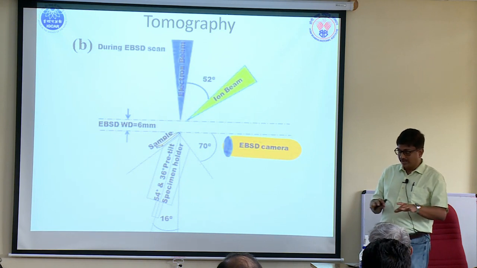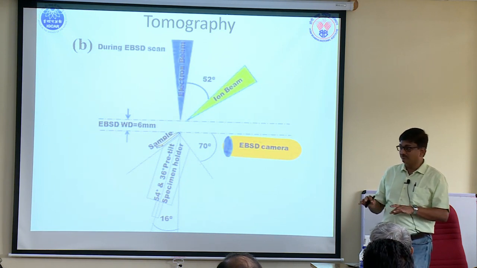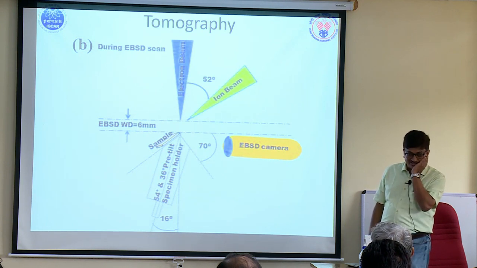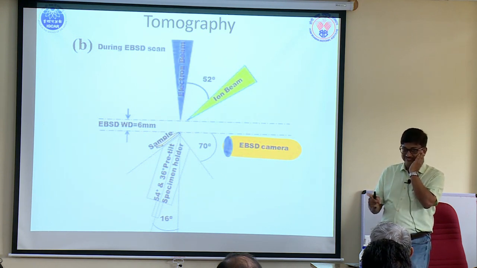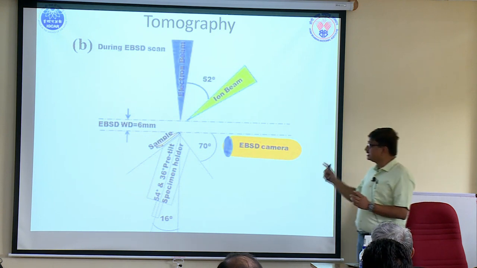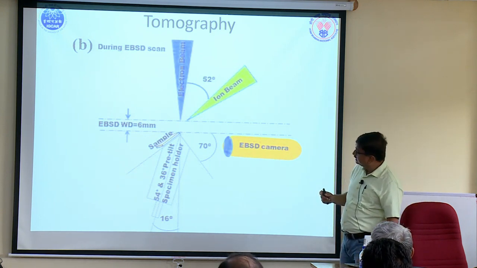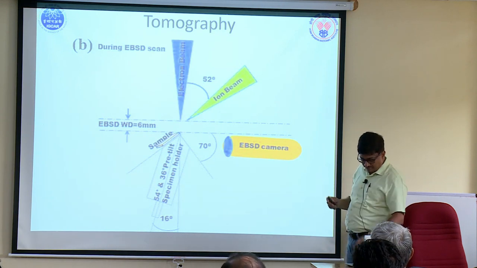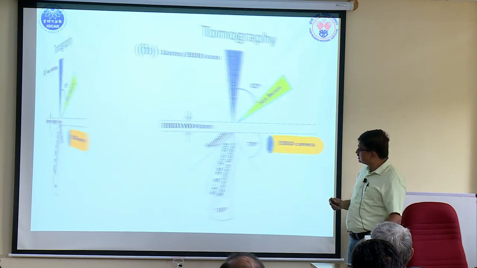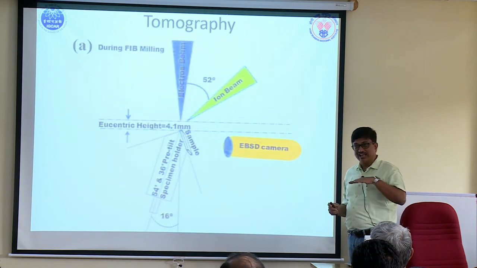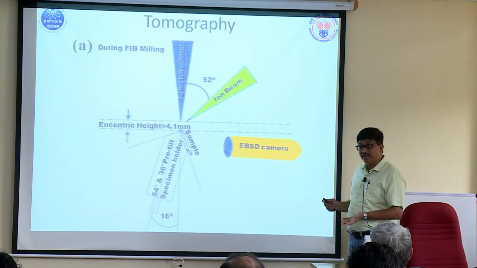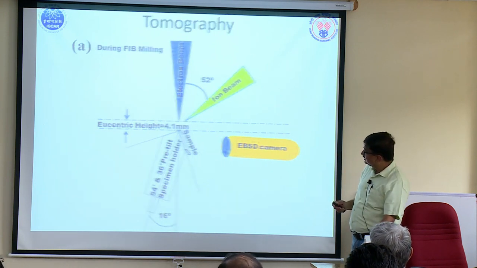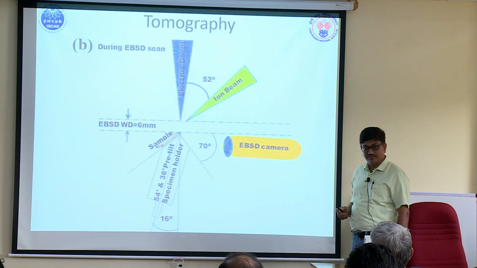You have to do it a few times manually and check if everything is working fine, and you set up the program, sit there for an hour like this and see, okay, yeah, it's going on, it's okay, fine, going back. So please understand that when you want to do the milling, once one slice EBSD is over, it will just turn back, slice again, turn back, go up, slice, and then come down back to here.